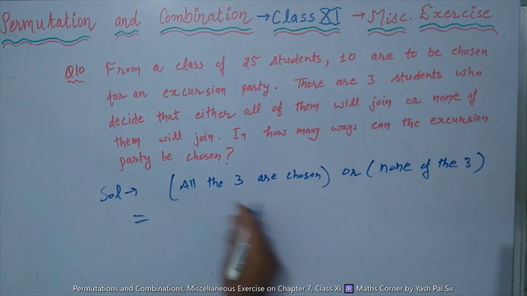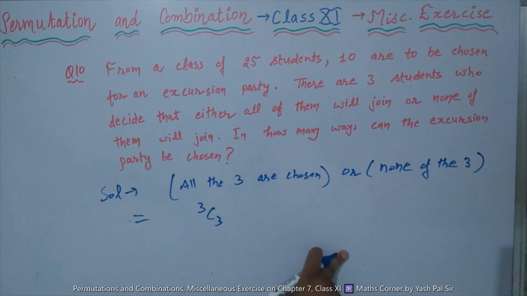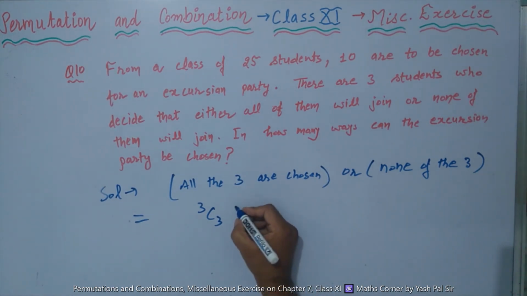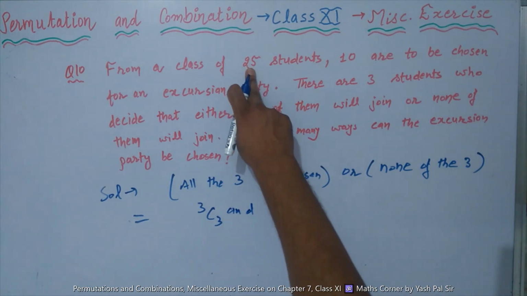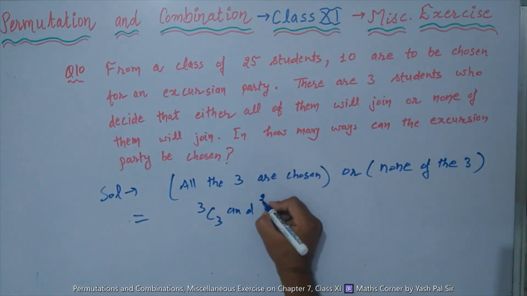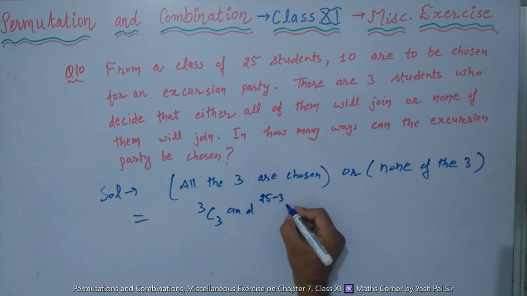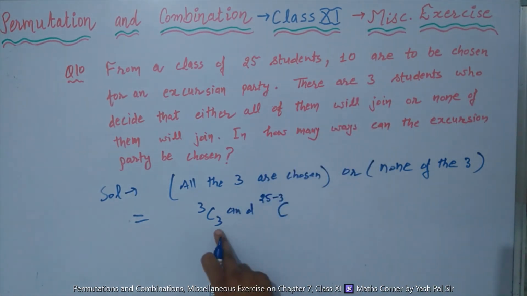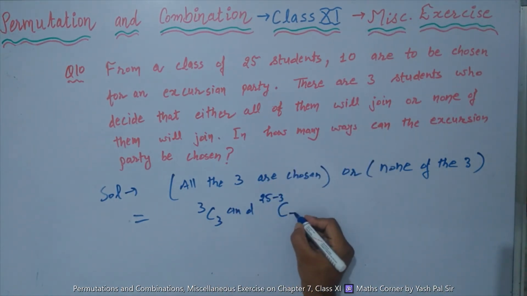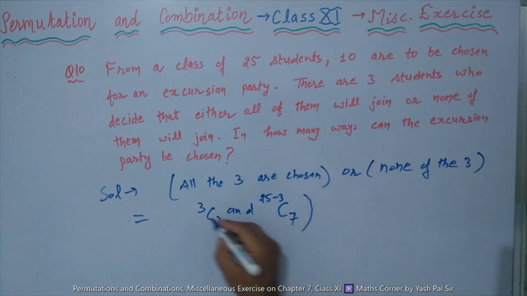So if all the 3 are chosen, out of 3 we selected all the students. But next, after 25 minus 3, how many are to be selected now? Because we need only 10 students, 3 are selected, now we are left with 7 students.